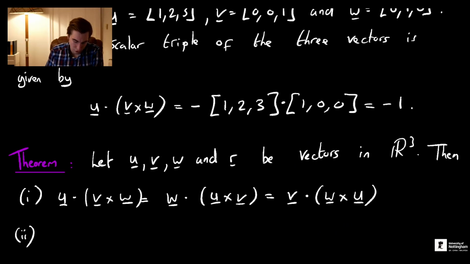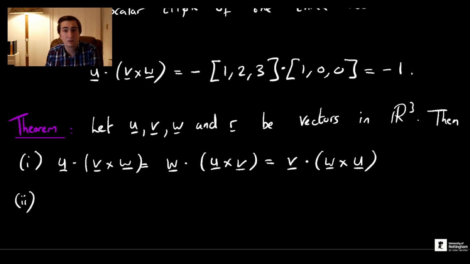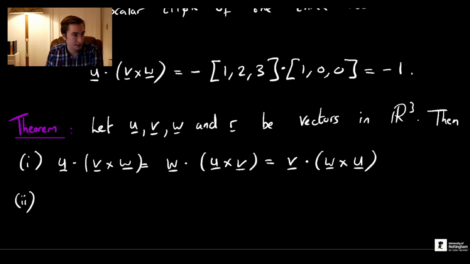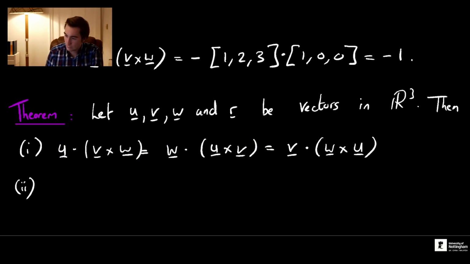So you can prove all of these. I leave it as an exercise for you to prove yourself. They're not that difficult to prove, just a little tedious. Substitute in U as U1, U2, U3, V as V1, V2, V3, W as W1, W2, W3, and calculate these expressions individually and check that they are indeed equal.